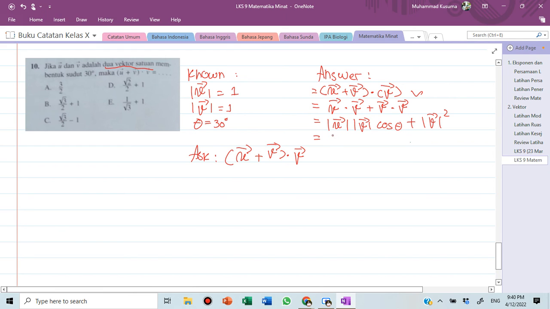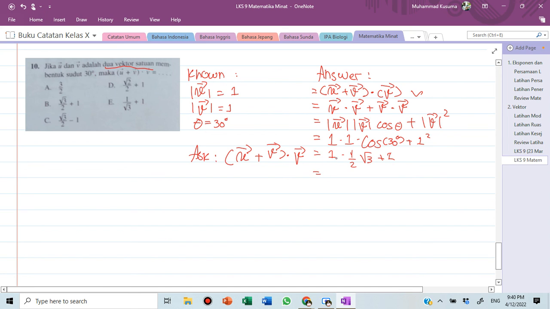The magnitude of vector u is 1 times the magnitude of vector v is 1 times cosine 30 degrees plus the magnitude of vector v, which is 1, squared. 1 times 1 is 1. Cosine 30 is half times root 3, plus 1 squared is 1.